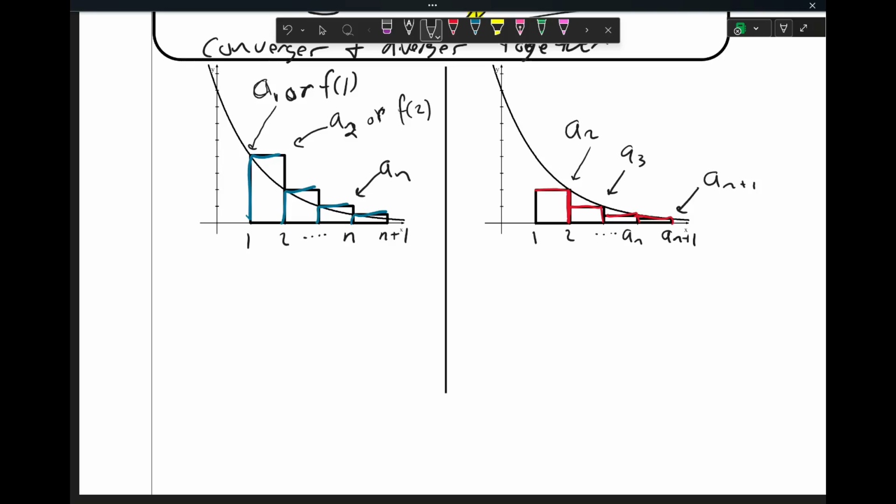Basically, I want to think of this as an infinite series where n starts off at 1, or an infinite series where n starts at 2. I stop at n, the leftmost x value as far as I go, and then over here I stop at n plus 1. Do we capitalize the n or no? Yes, because it's really not the same as this n, so I'm trying to distinguish a little bit.